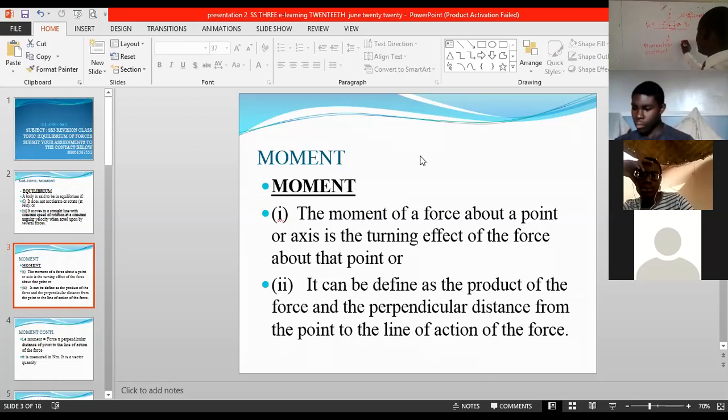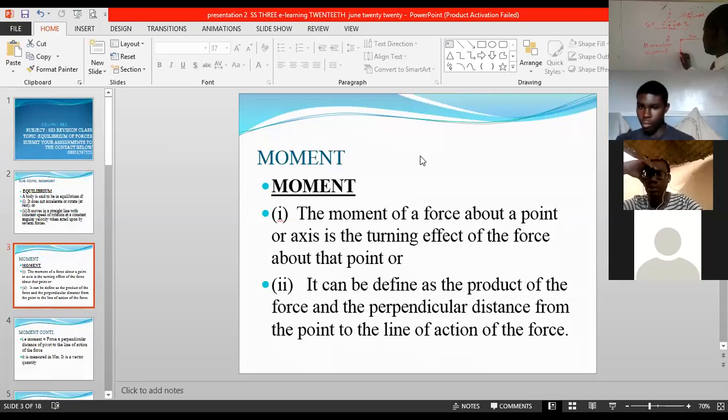That is, if I have something like this, this is my distance, 3 meters, and this is my weight or force.